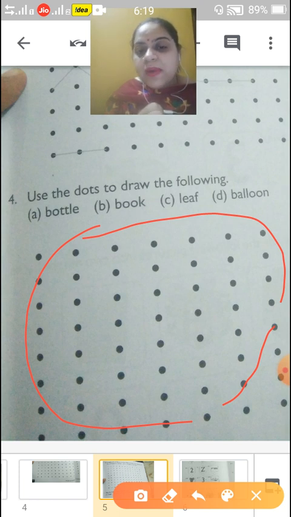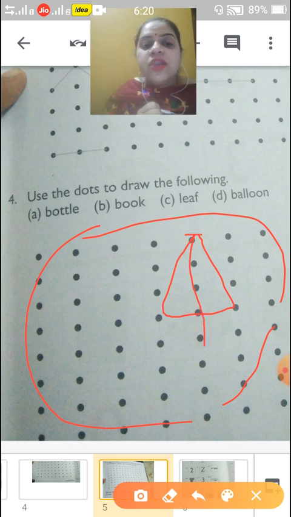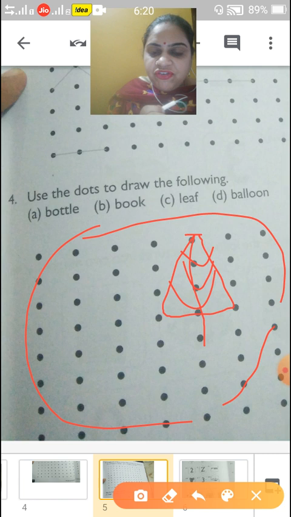For example, if we want to draw a leaf, okay children, you will use only dots, then only you will draw these pictures on these dots. Okay children, leaf I draw.